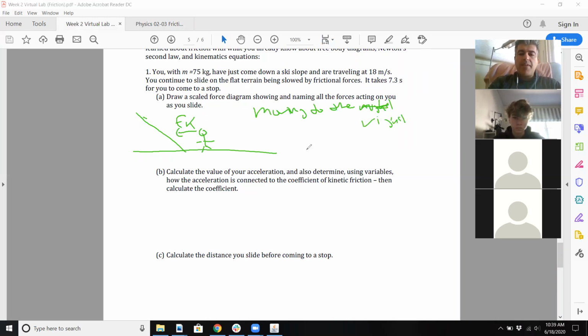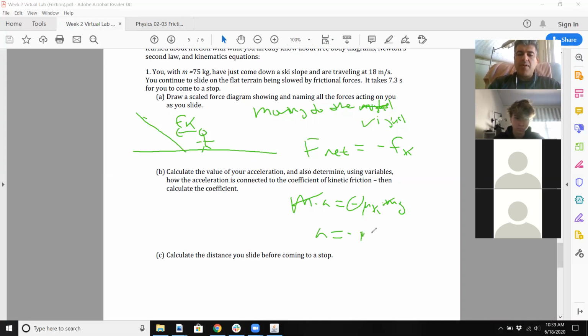So your F net is simply going to be, you can think of as negative FK if you want to call it that. So mass times acceleration equals negative mu k times mg, and you keep the g positive in this case because you kind of know that your acceleration is going to be negative because it's slowing you down, and you have the negative taken care of over here.